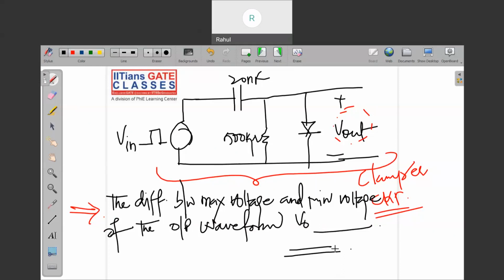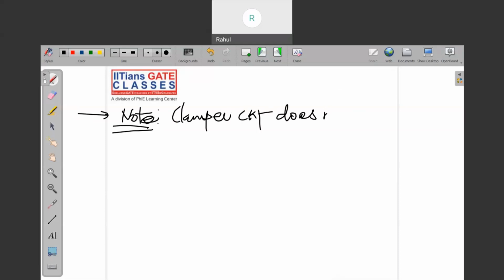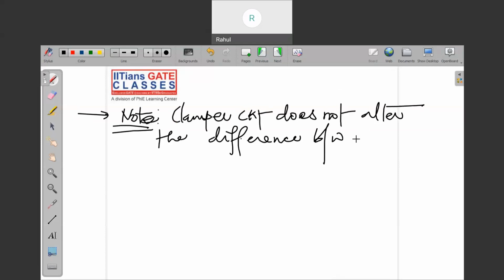As I said in the study class, note, you have to keep this in mind always: a clamper circuit does not alter the difference between maxima and minima of the input waveform.